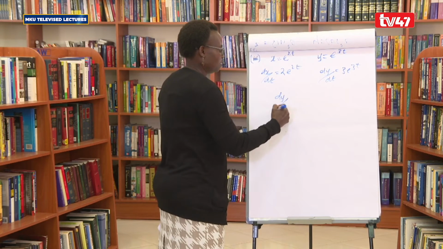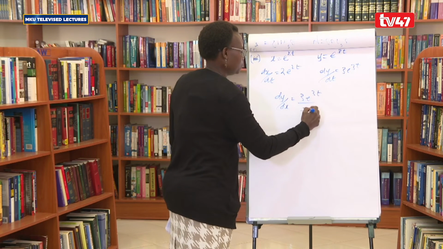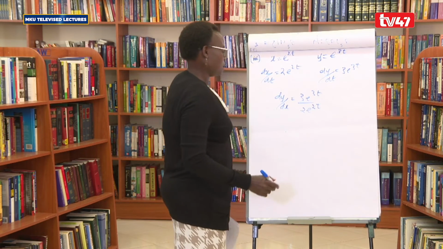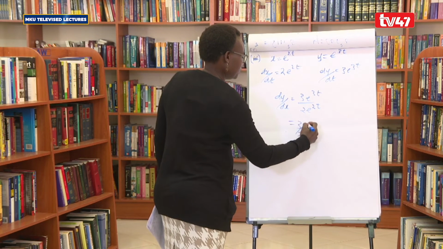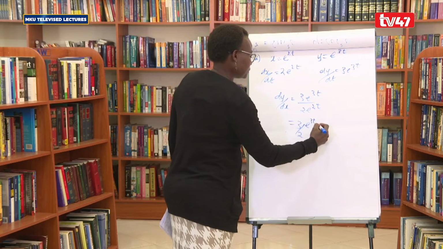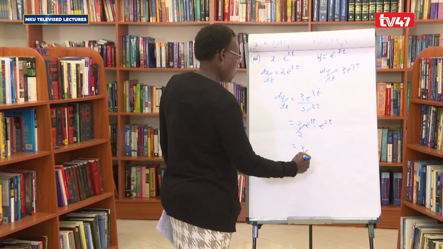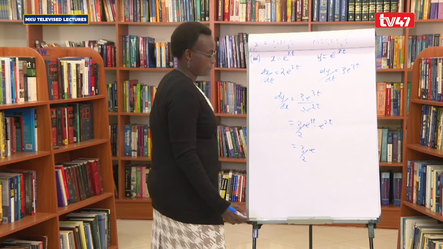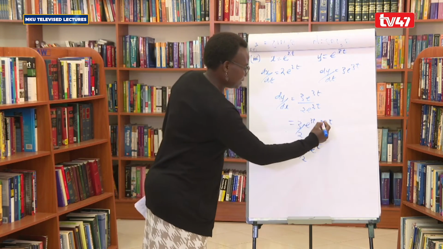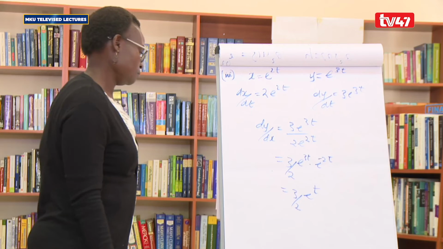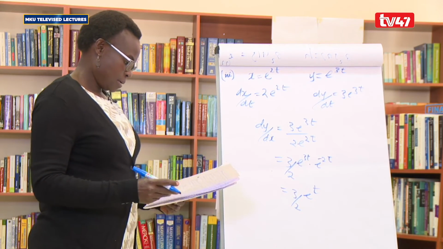So dy over dx will give us 3e to the 3t over 2e to the 2t. So this will give us 3 over 2 e to the t. Okay.